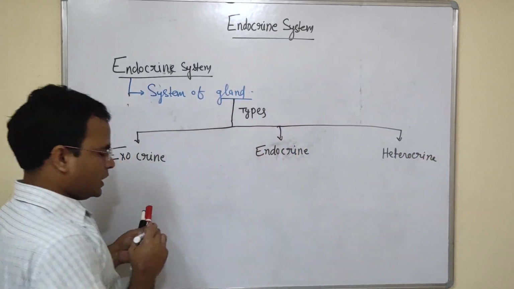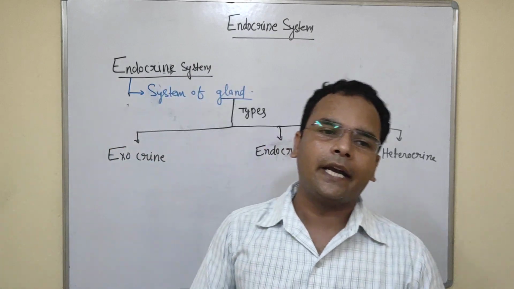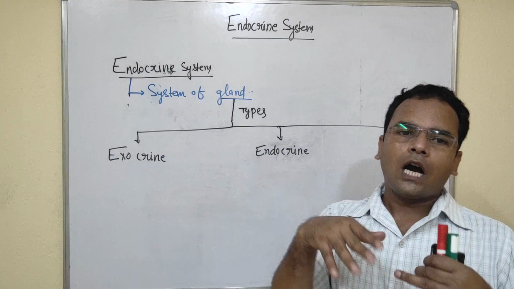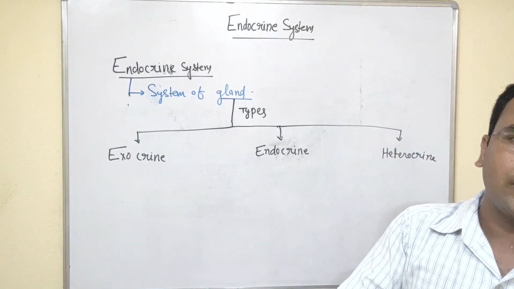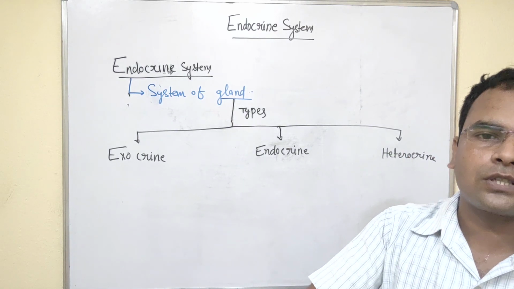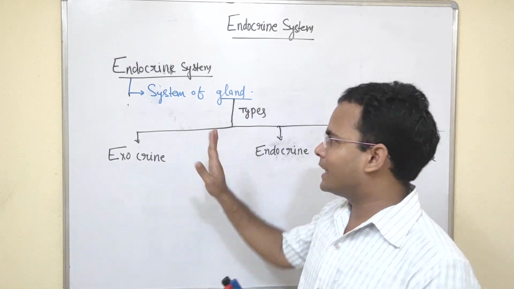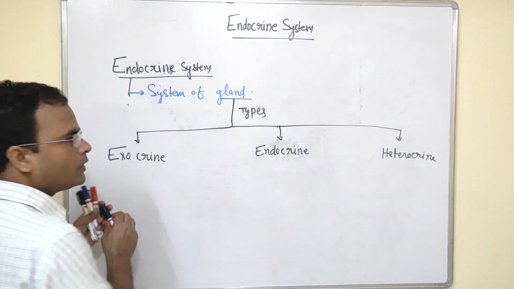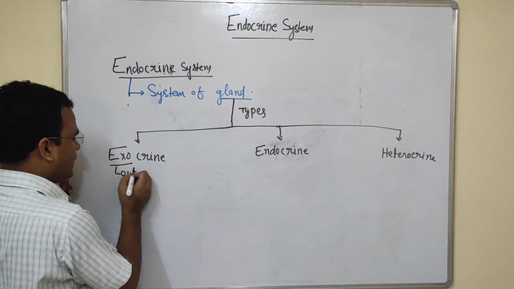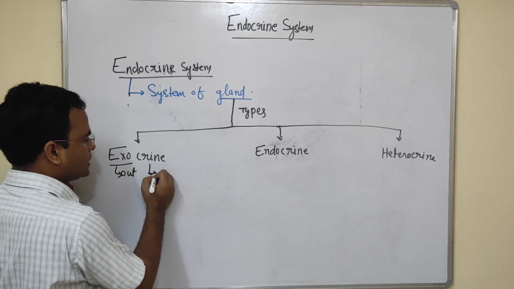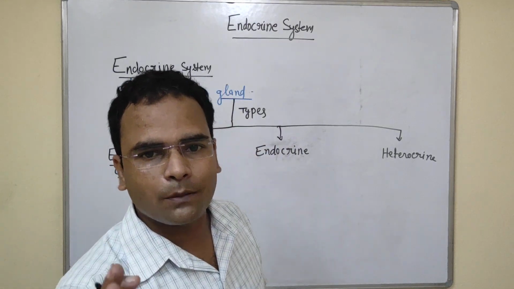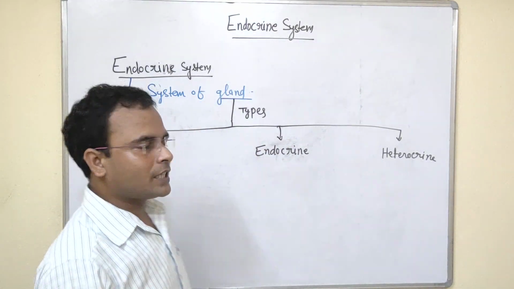Here you can see the words exo and endo. Exo means it pours its secretion outside, right? The word exocrine is derived from the Greek word exo, meaning out, and crine, meaning sift, S-I-F-T, which means to put through a sieve.